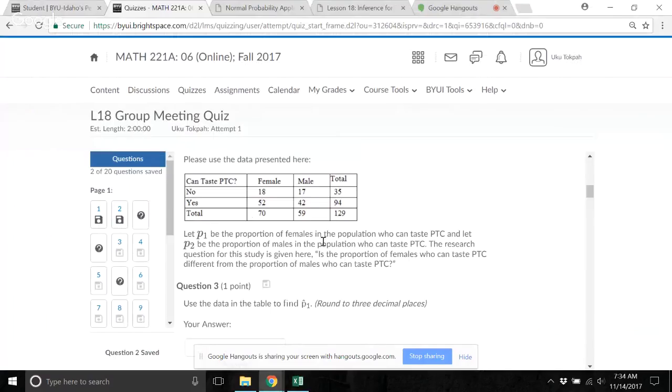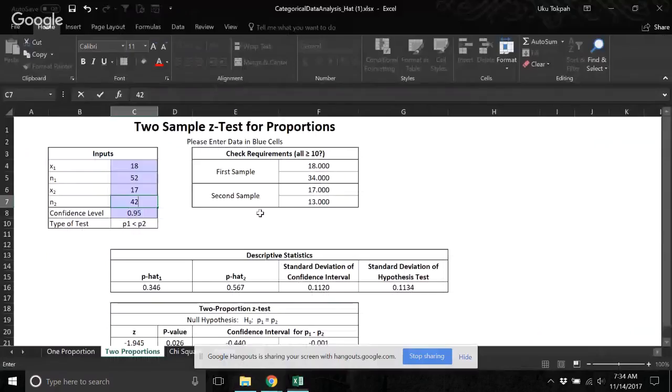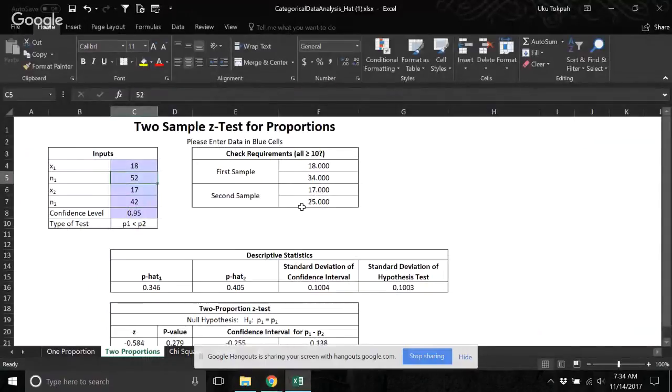I think your numbers are a bit off. Really? I think your n needs to be the total. So for n1 you would use 70, and for n2 you would use 59. Okay, so 70 and then 59.